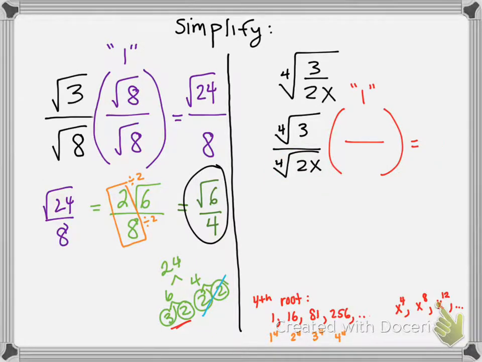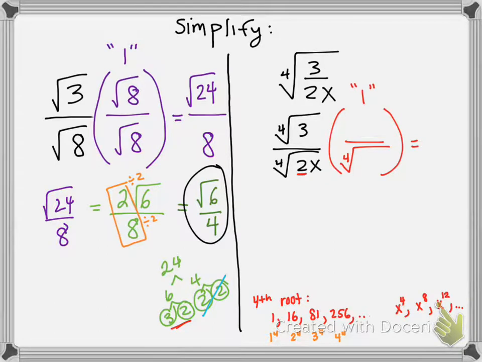This one's a little bit trickier than the previous. You can't just multiply it by itself because that will not get you back to a whole number for the fourth root. So I know I have to multiply by the fourth root of something, but it's not going to be 2x. Right now we have a 2.